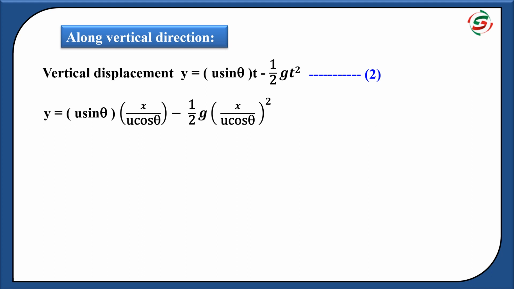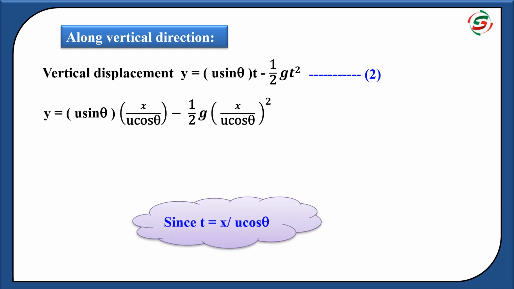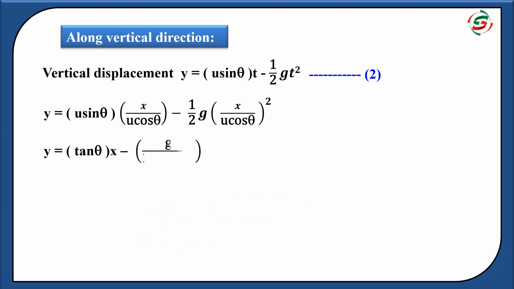y is equal to u sine theta into x by u cos theta, minus half g into x by u cos theta whole square. We put the value of t from equation 1, t is equal to x by u cos theta. So it becomes y is equal to tan theta x minus g x square by 2u square cos square theta.